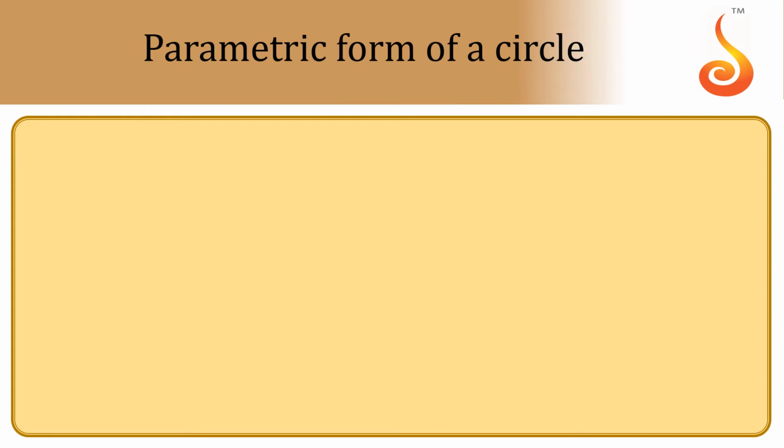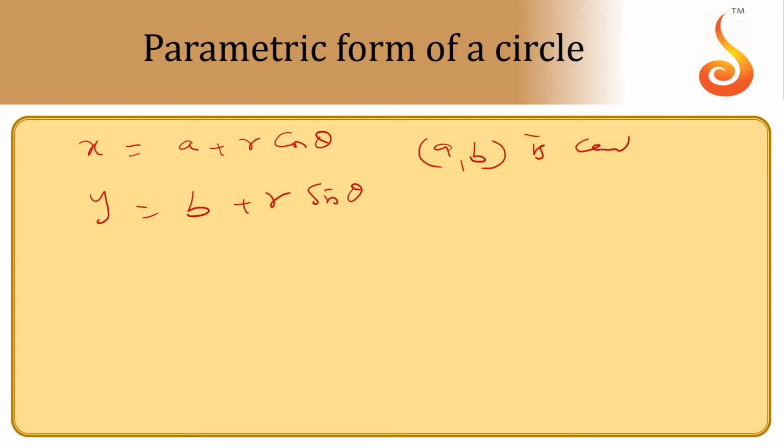Now, the parametric form of a circle. The parametric equations are x equals a plus r cos theta, y equals b plus r sin theta, where a comma b is the center and r is the radius. So these are fixed. So what is the parameter? The parameter here is theta.